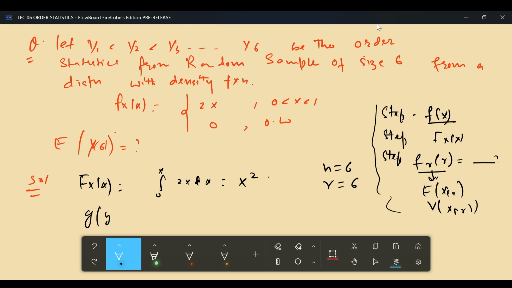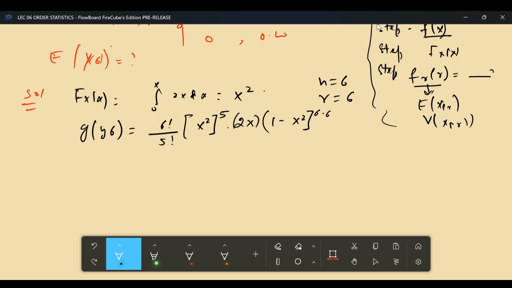That's g of y6, that is 6 factorial over (6 minus 6) factorial, n minus r, 0 factorial, this is 1, and then (r minus 1) factorial, 6 minus 1 is 5 factorial, times F of x, this is x square, raised to r minus 1, which is 5, and then we have 2x, that's f of x, this is 2x, then we have 1 minus x square raised to the power n minus r, this is 6 minus 6.